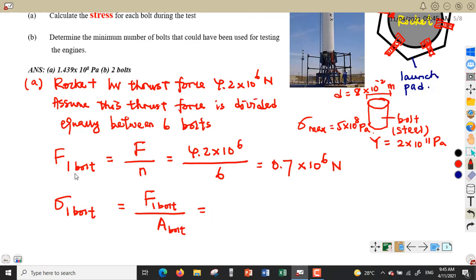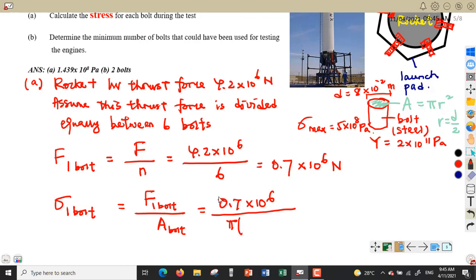So force 1 biji bolt tu adalah 0.7 × 10^6. How do we find the cross-sectional area? So the cross-sectional area, bolt tu adalah bulat. So the cross-sectional area is πr², whereby r is diameter divided by 2. Diameter divided by 2, so we are going to have π.